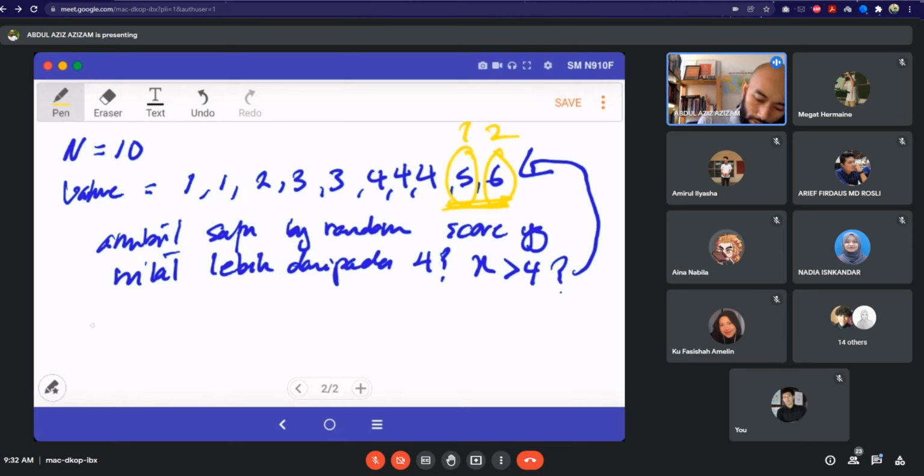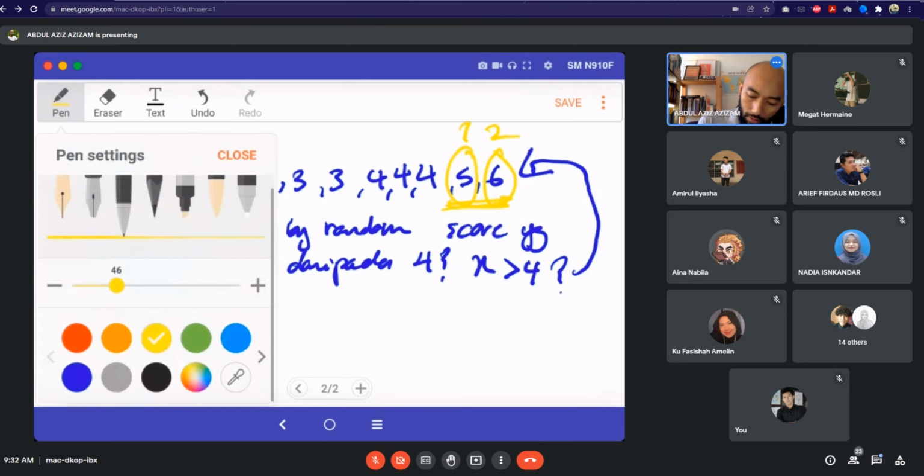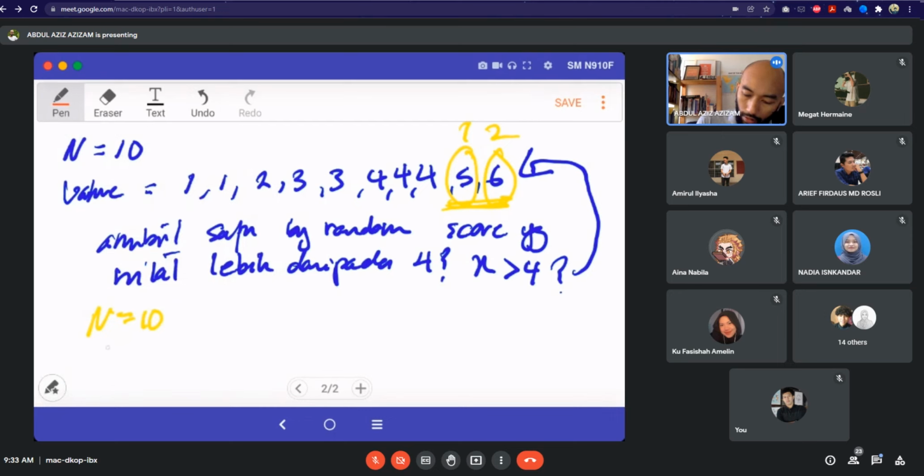So, because of n equal to 10, kita bahagi balik lah. N equal to 10, and then the probability tadi, X itu adalah 2. Kita bahagi balik saja. 2 bahagi 10.